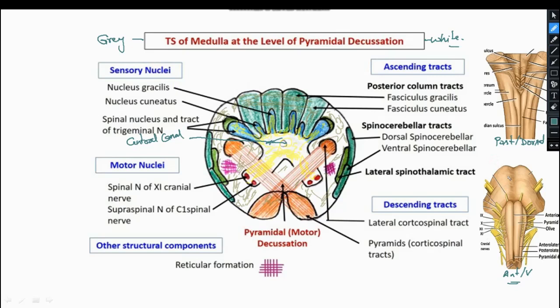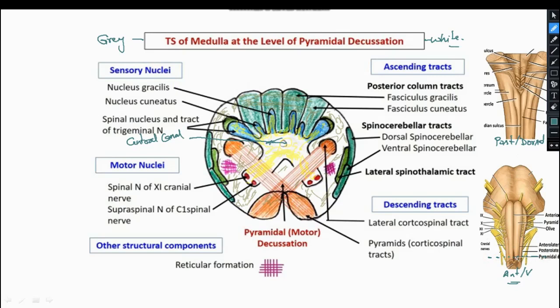Now let's correlate the structure here in this transverse section with the structure that we have seen as an external feature at the level of pyramidal decussation. So pyramidal decussation is here. So let me draw a line.